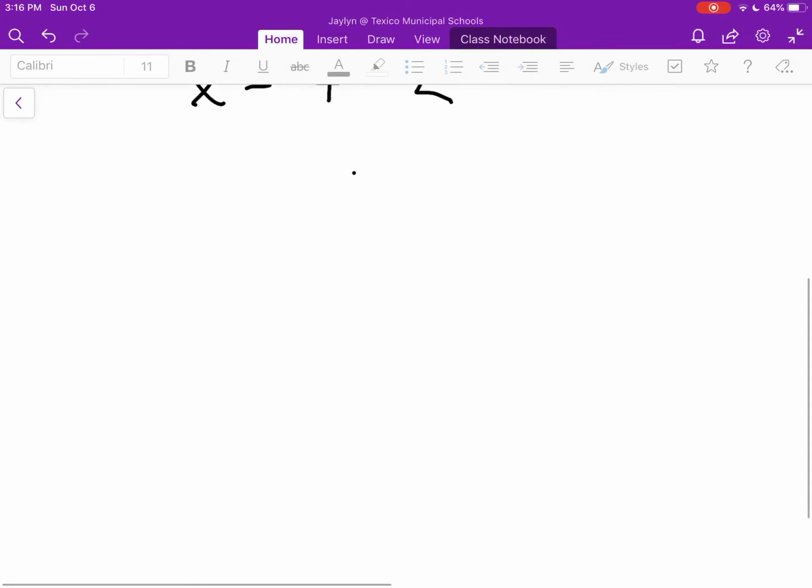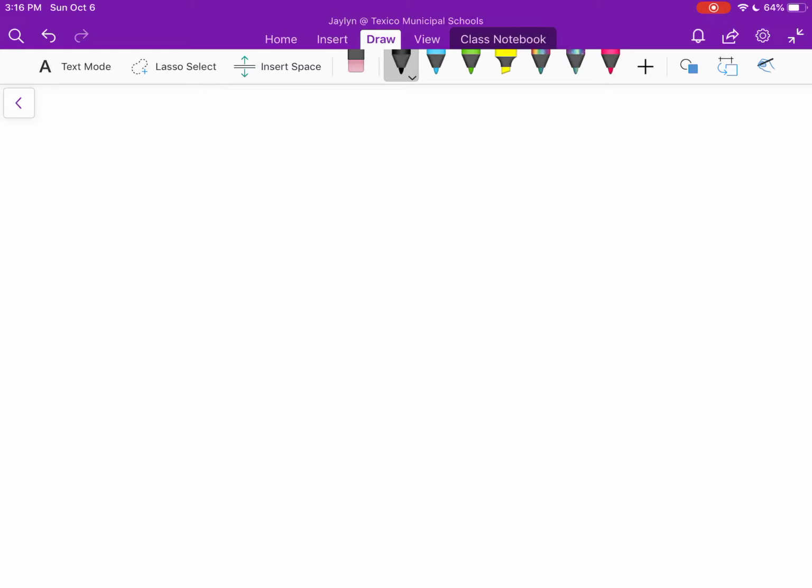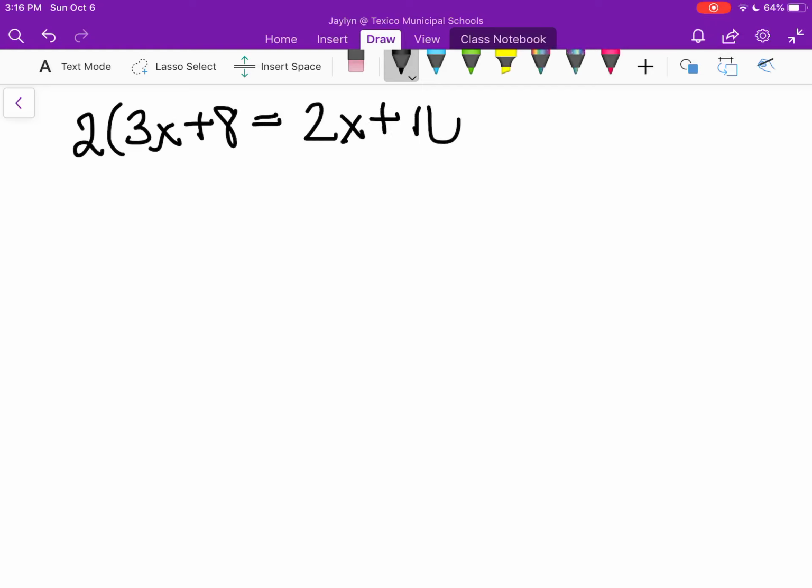So now we're going to go over another example, and this one will be showing you what an equation with infinitely many solutions looks like. So to start with, I have 2 times 3x plus 8 equals 2x plus 16 plus 4x.